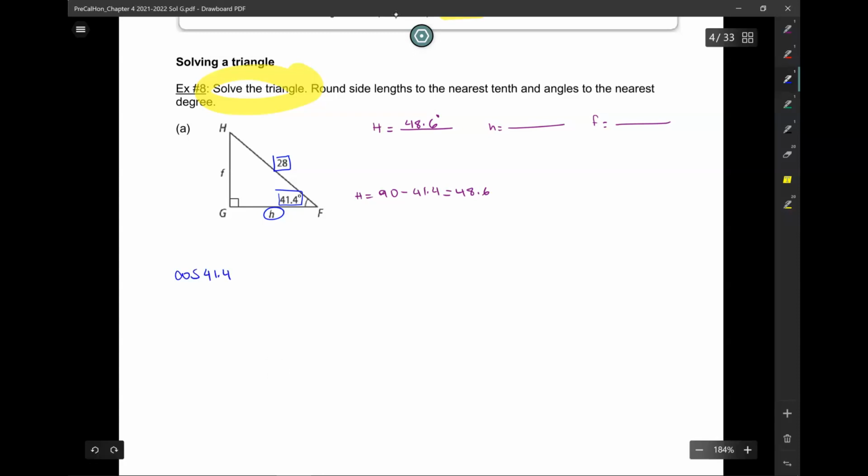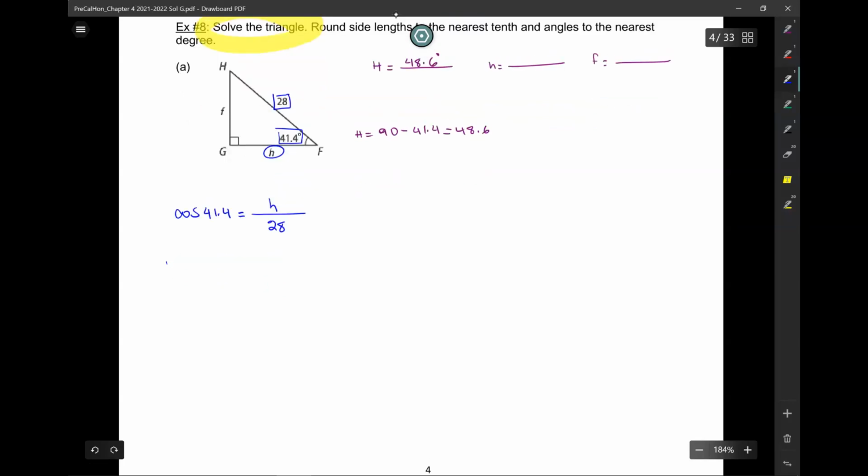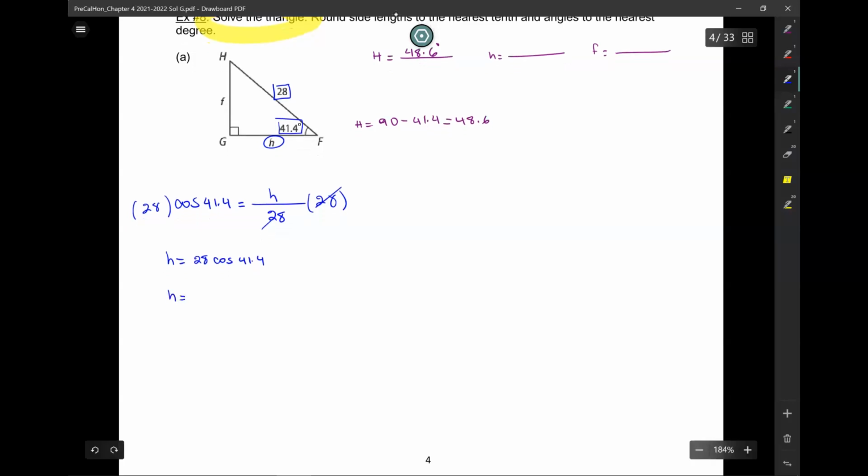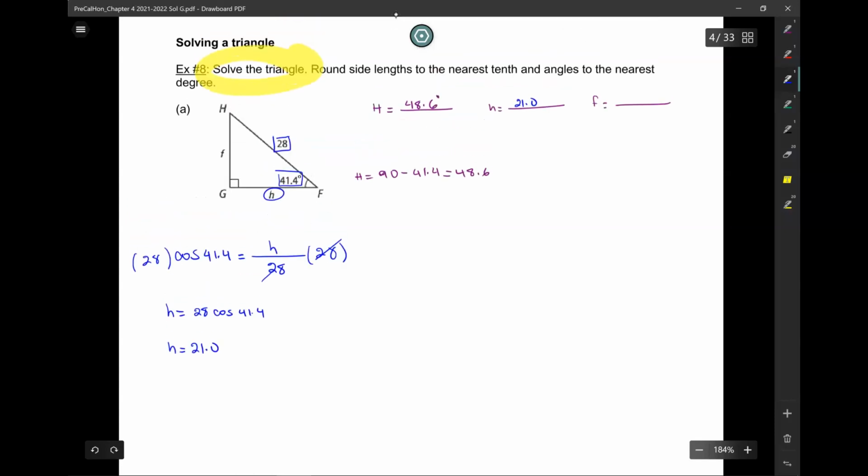Cosine of 41.4 is adjacent h over hypotenuse 28. Then you do the same thing, multiply by 28. So h is 28 cosine 41.4, and that is 21.0.